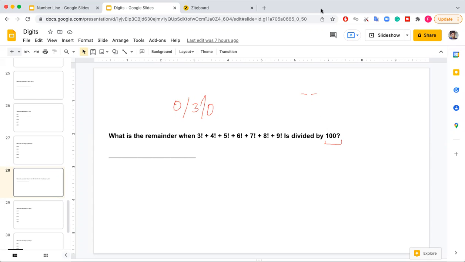So what is the value for 3 factorial? That is 6. What is 4 factorial? That is 24. What is 5 factorial? That is 120. What is 6 factorial? That is 720. What is 8 factorial?